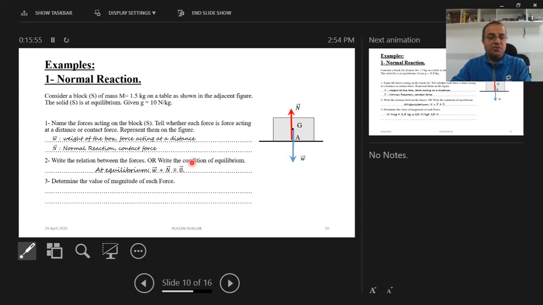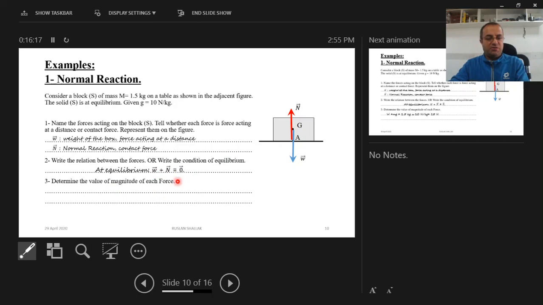This is the condition of equilibrium, or the relation between the forces, since they have the same line of action, opposite directions, but same magnitude. So W force plus N force equals 0 vector.